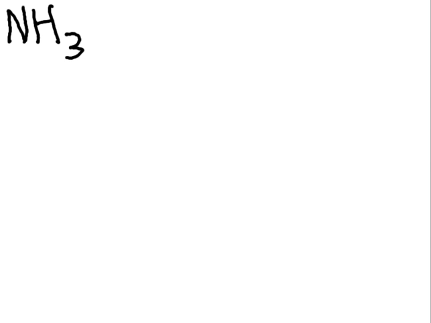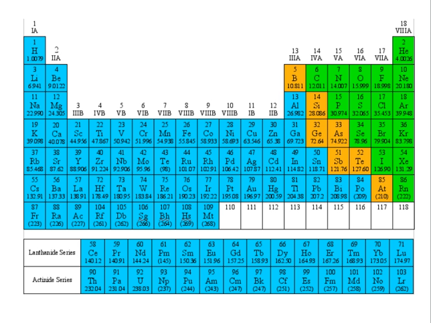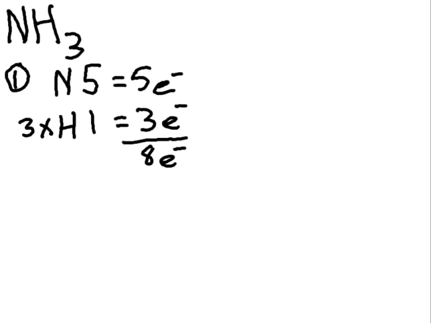The second example is construction of the Lewis structure of the ammonia molecule. The first step is counting the valence electrons. Being in group 15 means nitrogen donates 5 electrons to the molecule. Being in group 1 means each hydrogen donates 1 valence electron to the molecule.